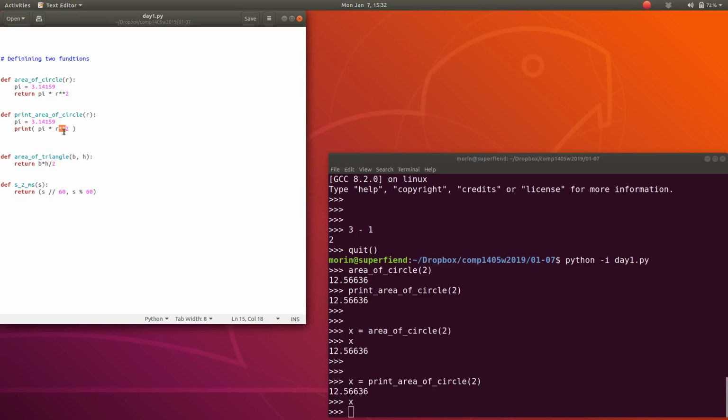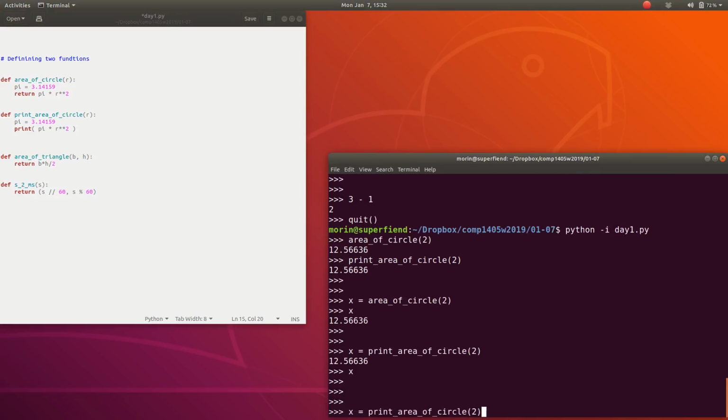Now the Python interpreter tries to make a guess when you're using it interactively like this. It tries to figure out what it should show you and what it shouldn't. So when I write something like x here, it realizes that writing x doesn't change anything, doesn't do anything.